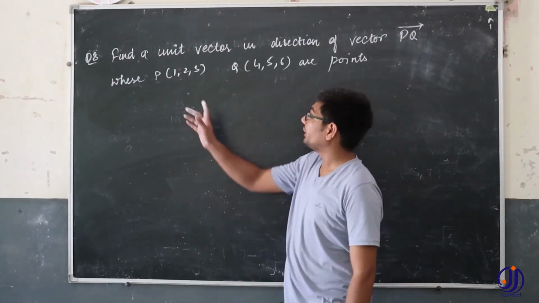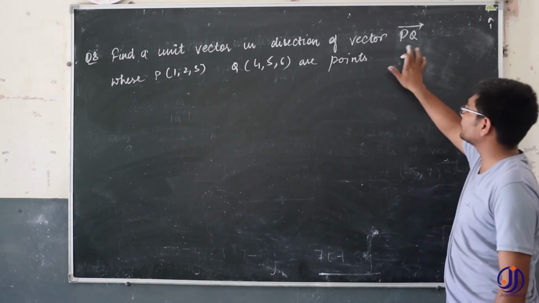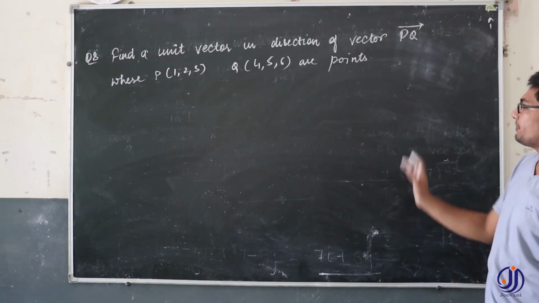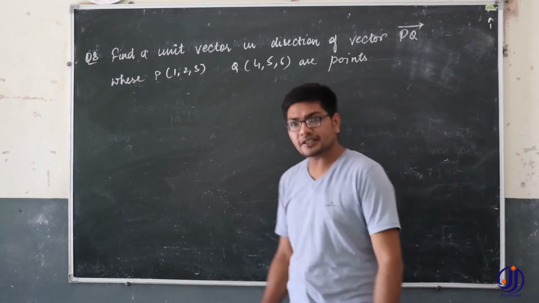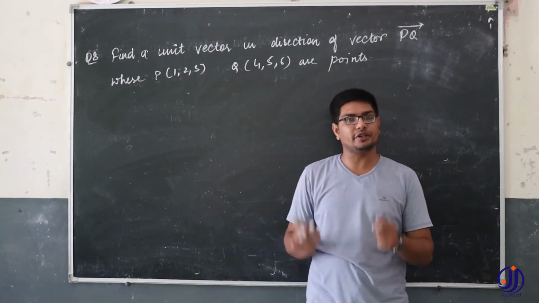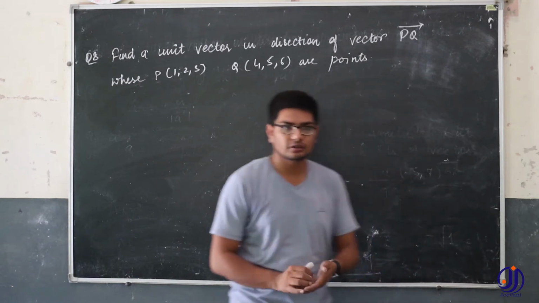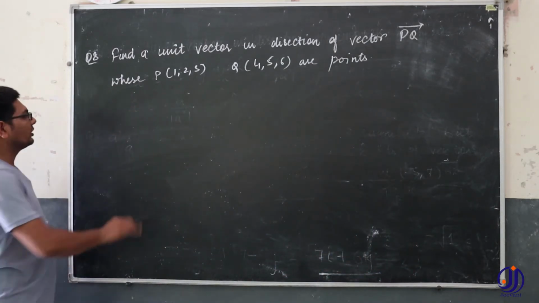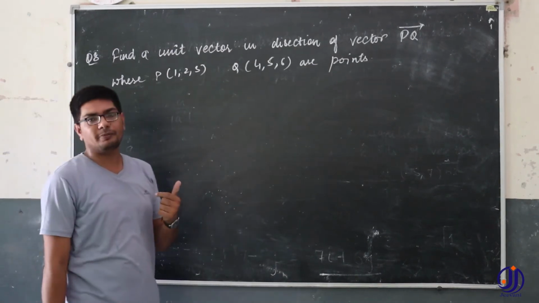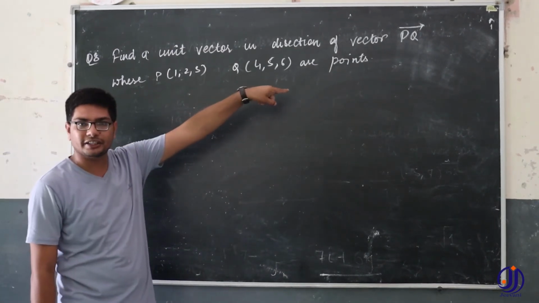We have to find a unit vector in the direction of vector PQ, where the coordinates of points P and Q are given to you. It is quite similar to the previous question we had done. Here we are given the coordinates of points P and Q. So can we calculate vector PQ?